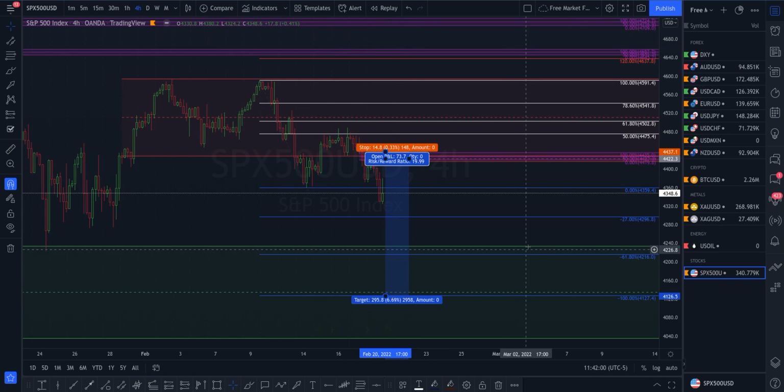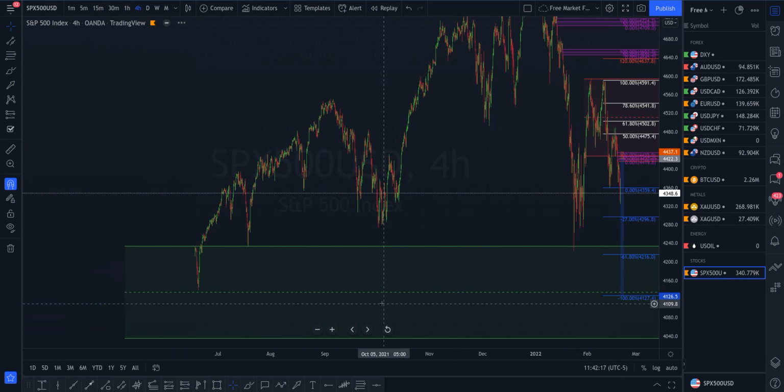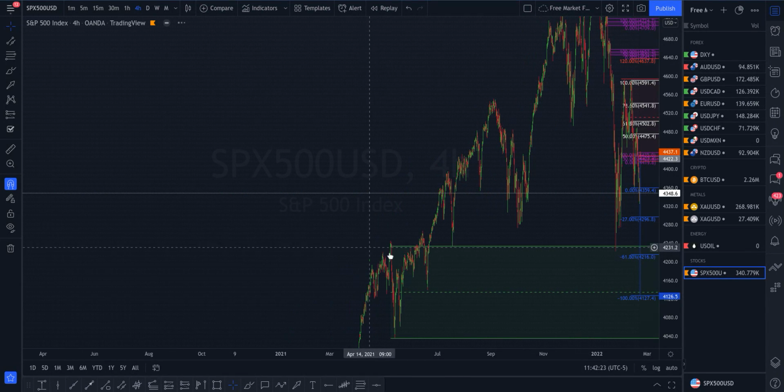So that's going to put this trade at a 19x, almost 20x. I would be looking to take this down, which is still not bad because we're sitting in the 50% of this institutional demand where we could very possibly see the S&P 500 rally up from.